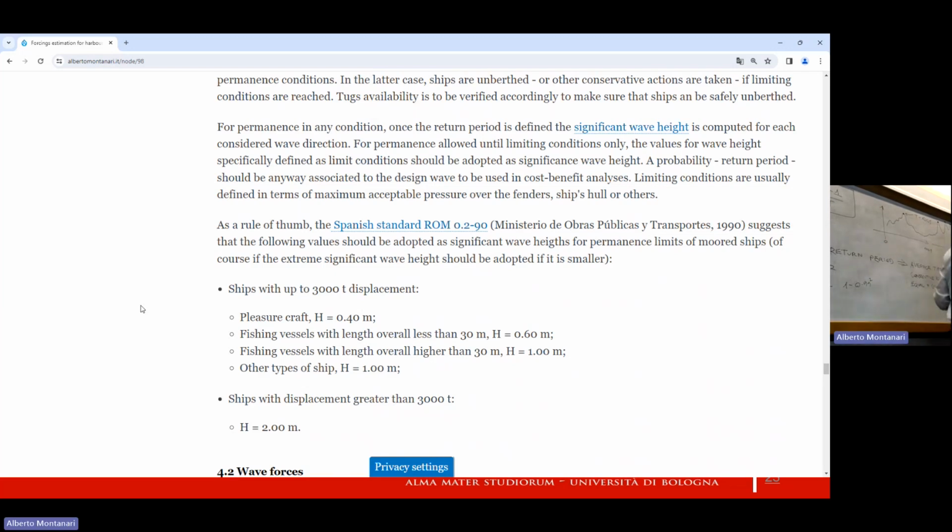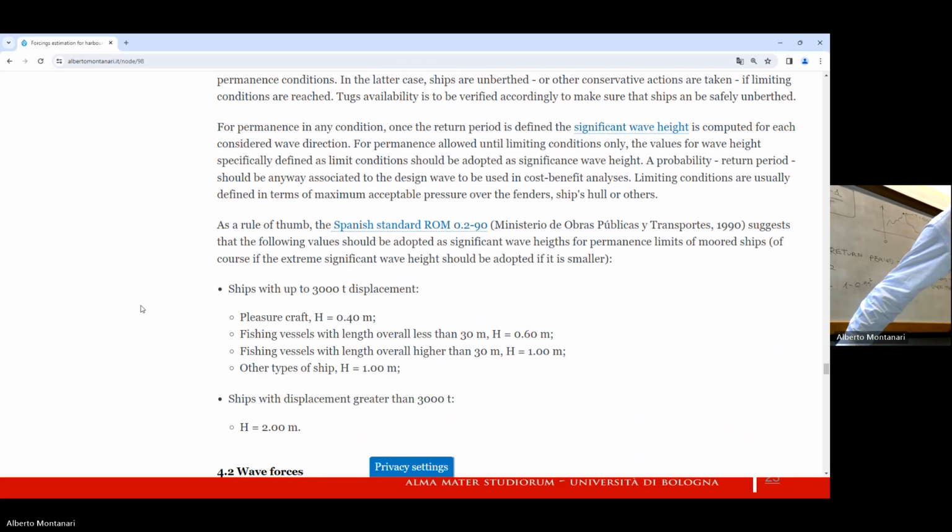So you take the whole recording of wave height, from 0 to a certain extent. Let's say the max is W star, and then you take 1/3 of the upper max, and then you compute the mean value. This is a simplified way of computing the design wave, and it's called, as I said, the significant wave height.